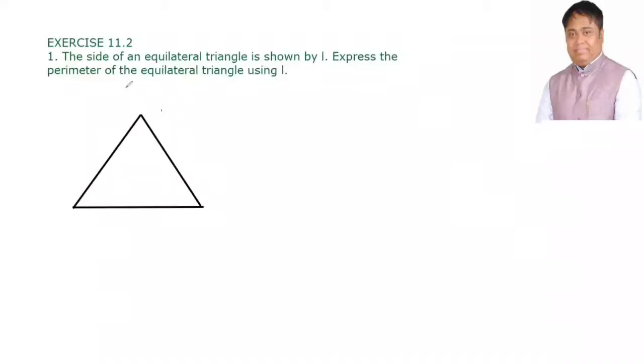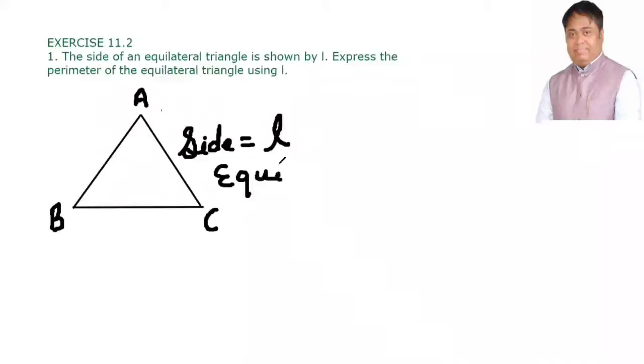We write like this: triangle ABC, triangle A, triangle B, and triangle C. Okay. So side is equal to L given, and it is equilateral triangle.